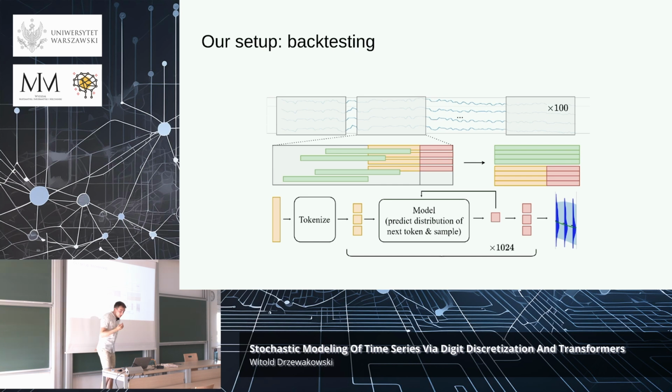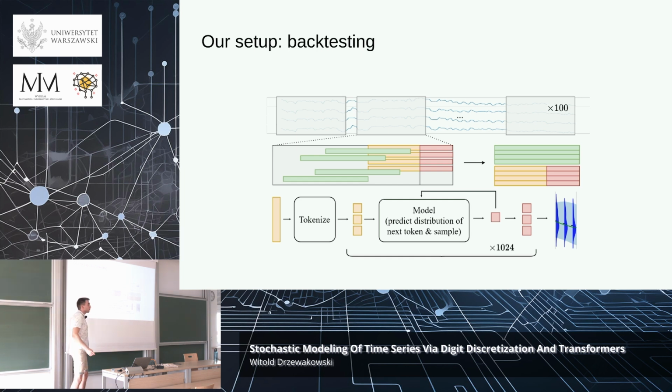So a far better thing to do is use one of the very well-known and developed ways to backtest a model, which basically means that we train and evaluate our model on 100 different time windows, evenly distributed across the time dimension, right?